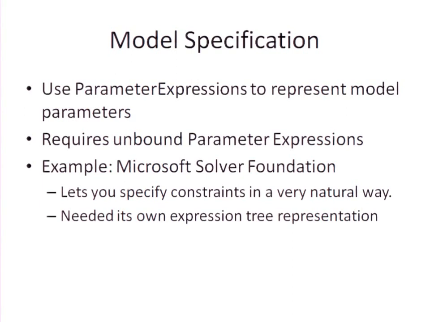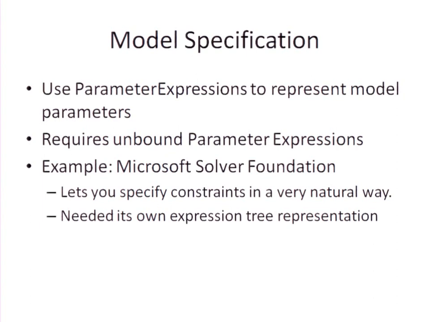If you had unbound expressions available, like right now the only way to have an expression is as part of a lambda expression. You can't do, for example, 5 times a parameter expression of type integer and assign that to a variable, even though at compile time you do know that the expression is valid.